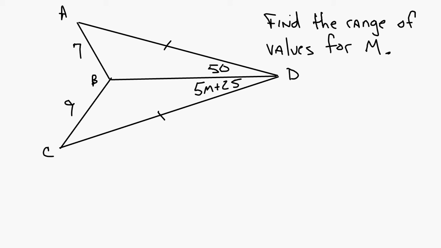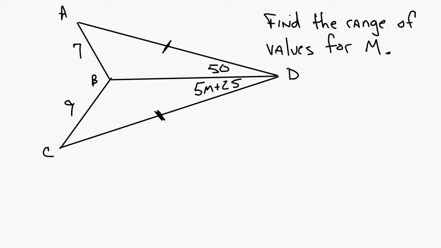Agreed? Triangle ABD up top, AD is congruent to CD on the bottom. And both triangles share side BD. Okay, so you have two triangles with two congruent sides. The included angles are not equal to each other. You're asked to find the range of values for M.